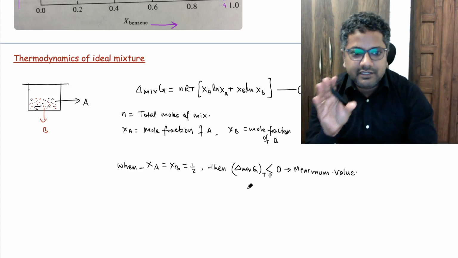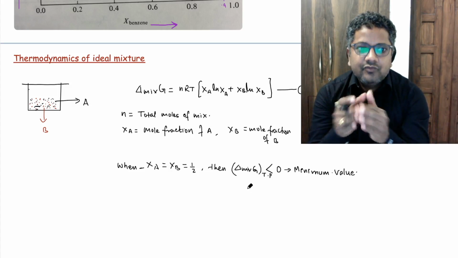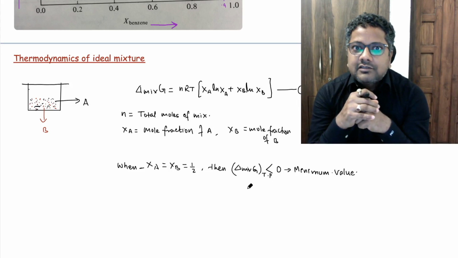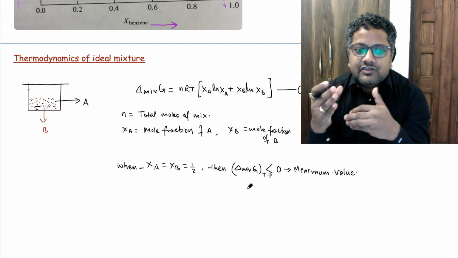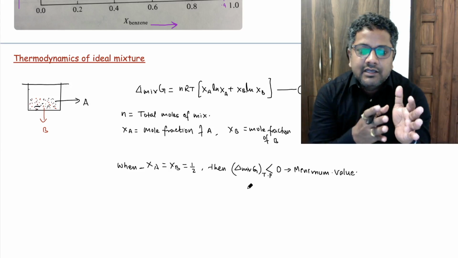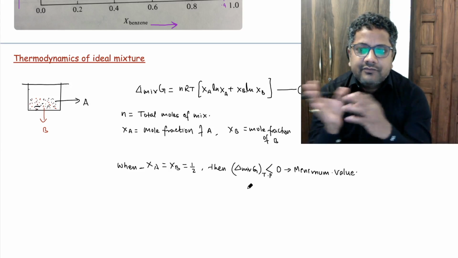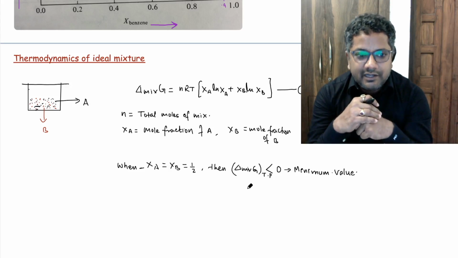So you can say that if you mix two components to form an ideal mixture, it will not form an ideal mixture when you mix in a variable composition, like one component is 90% and another is 10%, or one is 95 and another is 5. So you won't get an ideal mixture.